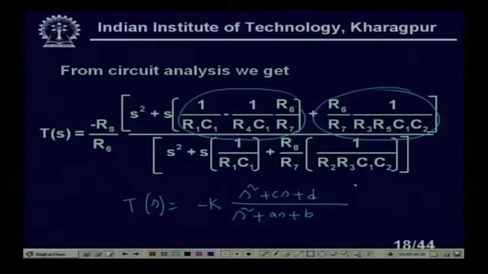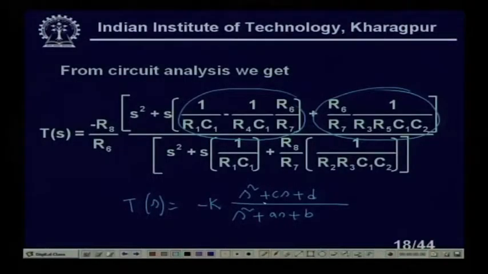Only problem, if you look at the numerator, here we have a subtractive term as a coefficient of S. The problem with this subtractive term is that we are making this coefficient 0 by signal subtraction, right.